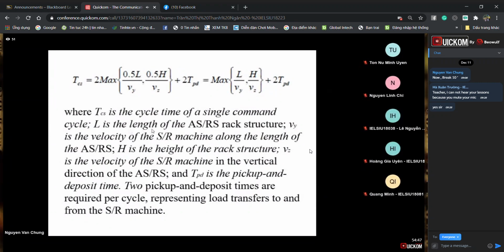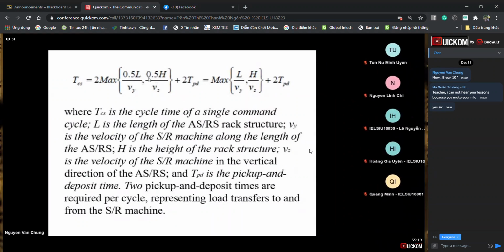L is the length of the structure, and V_y and V_z: V_y is the velocity of the S/R machine along the length of the AS/RS, H is the height of the structure, and V_z is the velocity of the S/R machine in the vertical direction of the AS/RS.